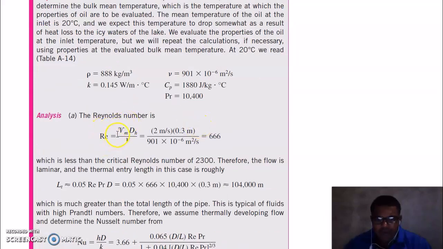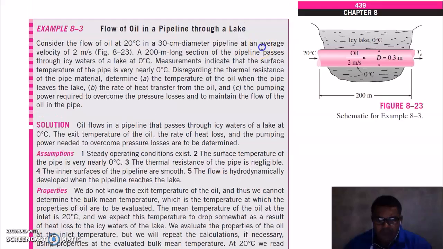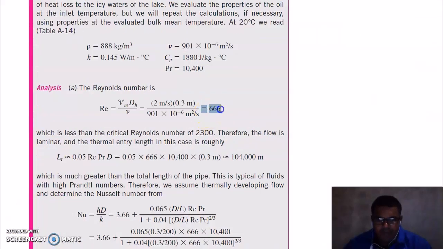The Reynolds number is equal to Vm dH by viscosity. The average velocity of oil is given as 2 meters per second. So Reynolds number is equal to 666, which is less than the critical Reynolds number, which is 2300. It means the flow is laminar and the thermal entry length in this case is roughly Lt equal to 0.05 Reynolds Prandtl D, which is approximately very large compared to the pipe length.